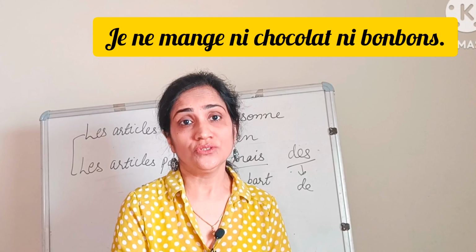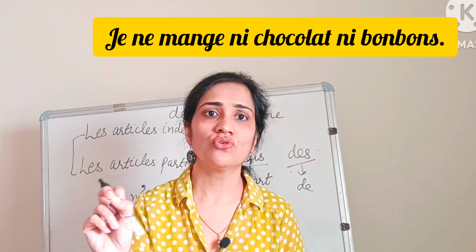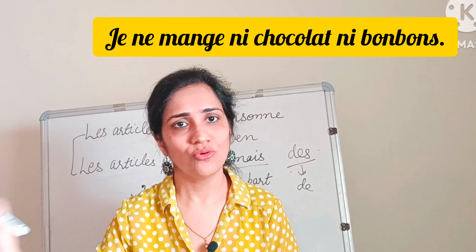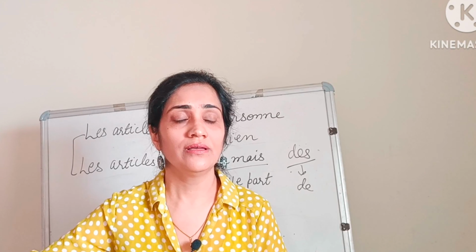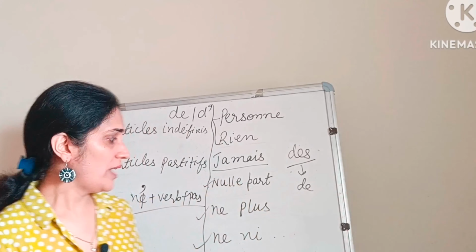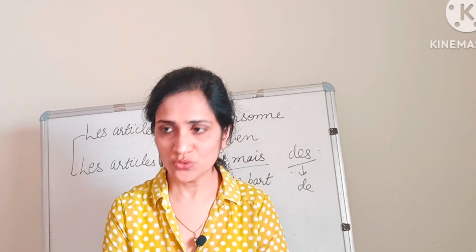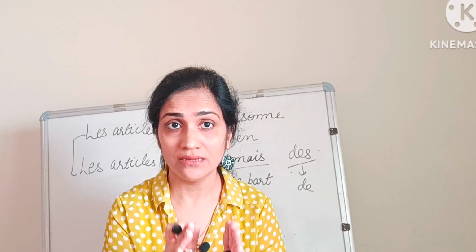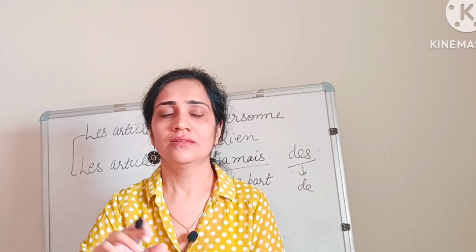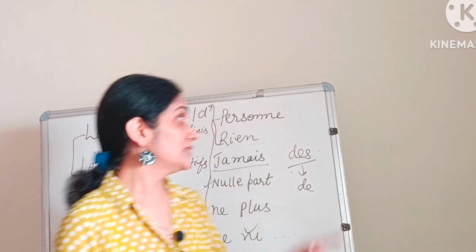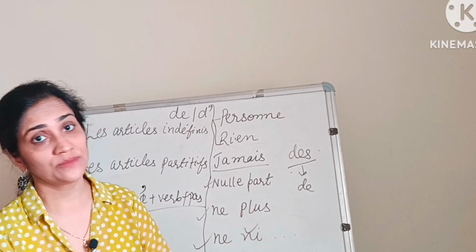So, je ne mange ni chocolat ni bonbon. If you are using three or four nouns together in one sentence, you have to repeat this ni. It's compulsory. With each noun you have to use ni. So this is the case of these negative expressions.